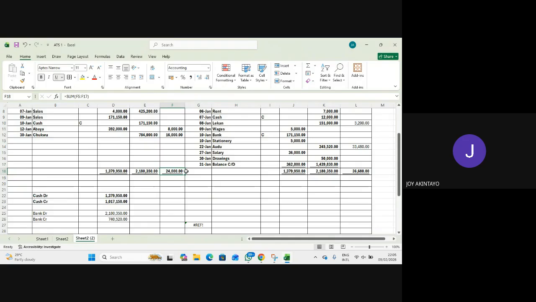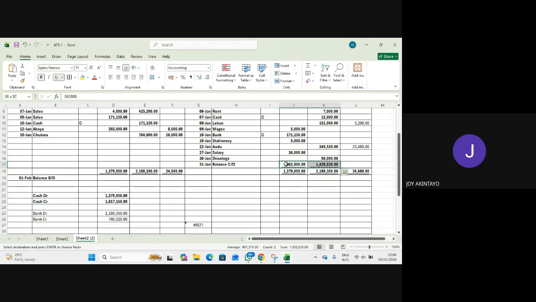Any other question? So the following day, which is February, you have your balance brought down. Then it should just be the value you have.